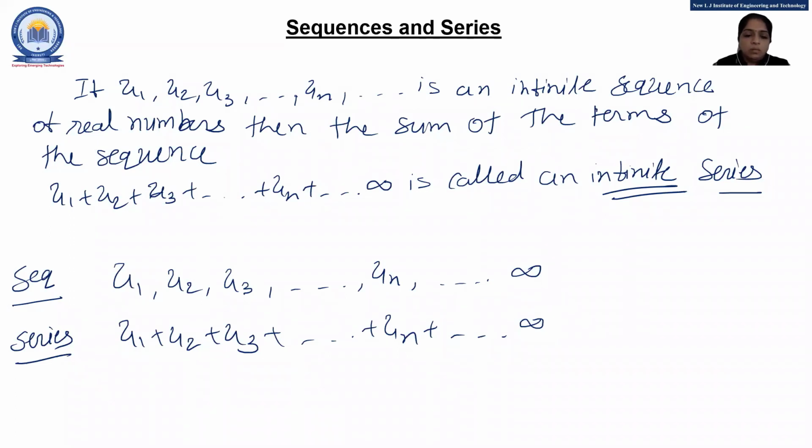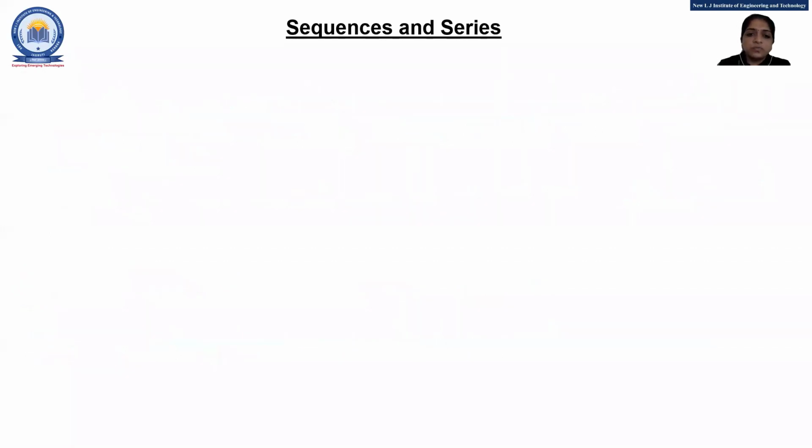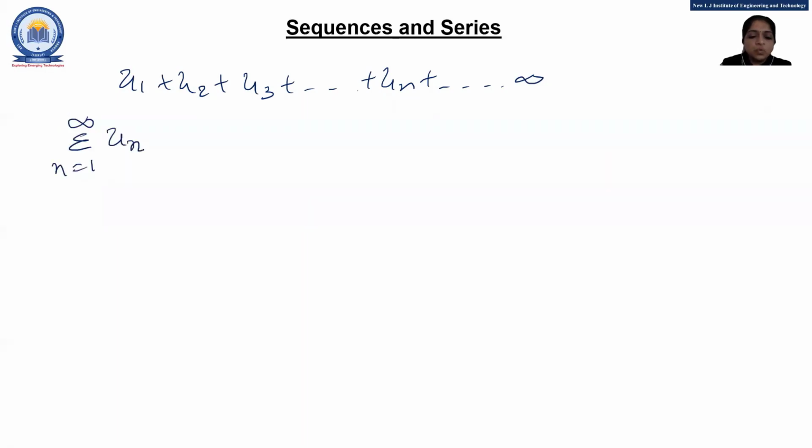Now, the notation of an infinite series. Suppose we have an infinite series u1, u2, u3 up to un and so on up to infinity. Then the summation for denoting this infinite series is summation n equals 1 to infinity of un. This is the notation to represent an infinite series.